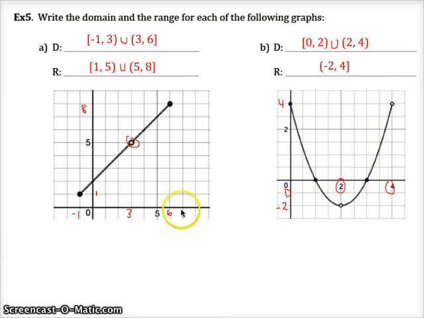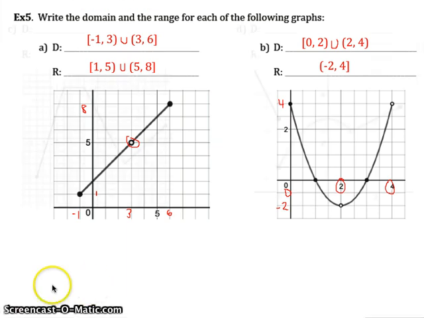So I noticed there is an open hole here at 4, but 4 is covered in the range because it's covered by this point. If it's covered anywhere, it counts. So I don't really even indicate whether this hole happened to be open or filled in, because it's closed because of this one. So yes. Wow, I hope I did all these right.